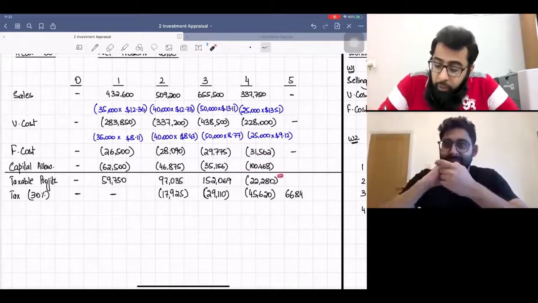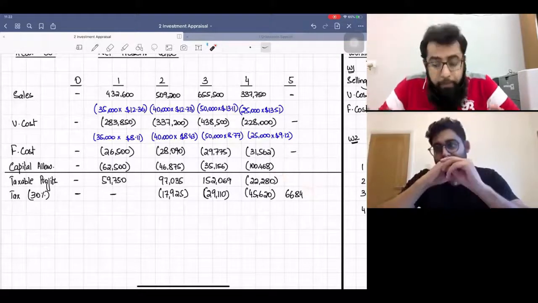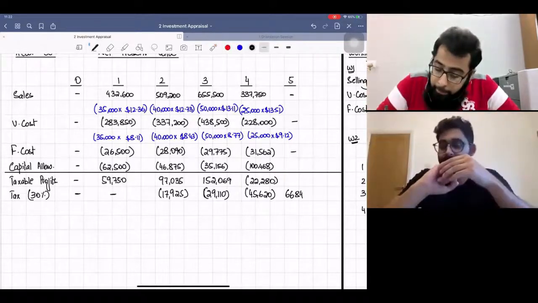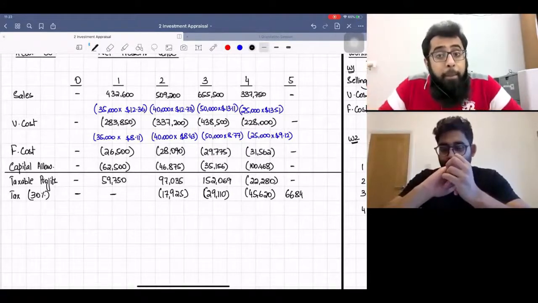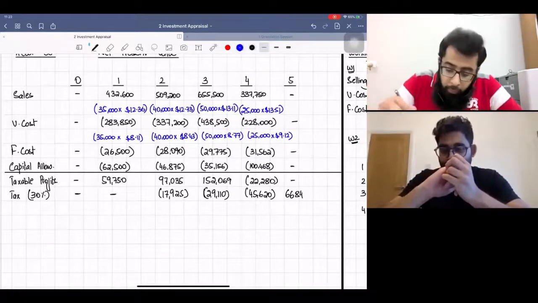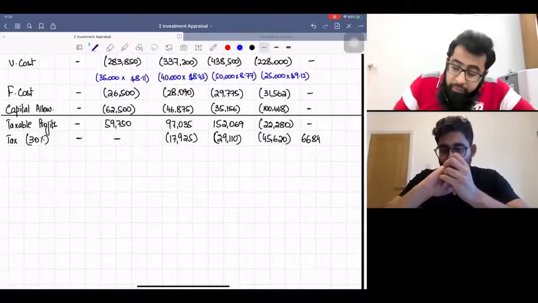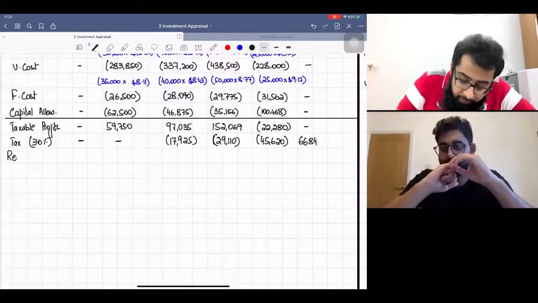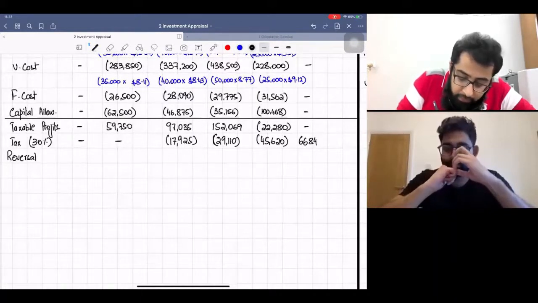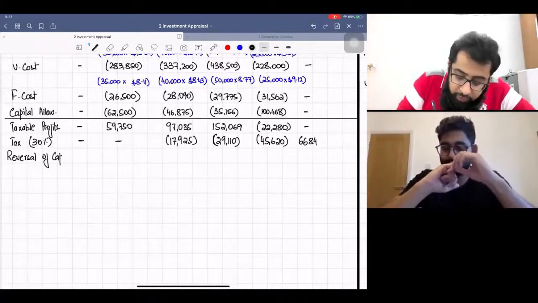As it was the loss in the last year, I took the refund simply, the tax credit, because we assume that we will have profits in other projects of the company. Now we will take reversal of capital allowance. We will simply reverse the capital allowance because it was not a relevant cash flow.